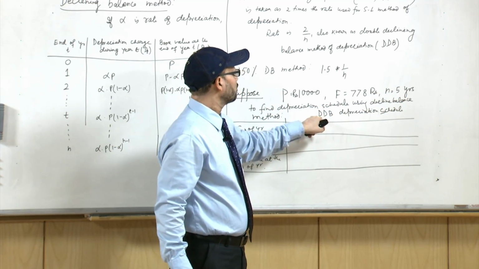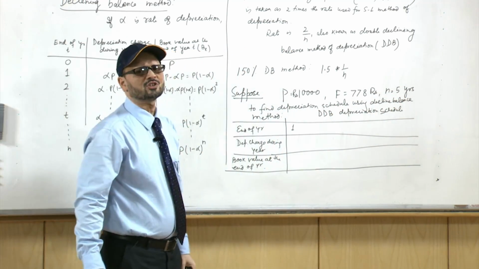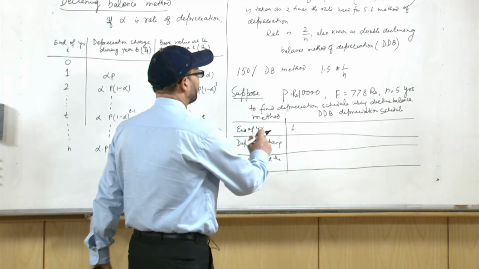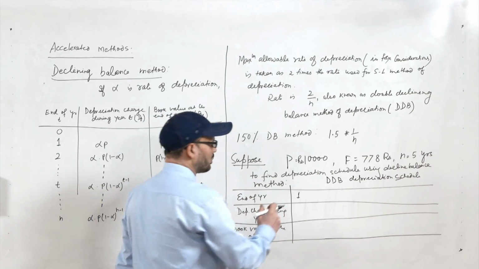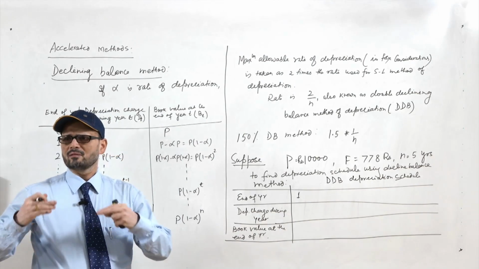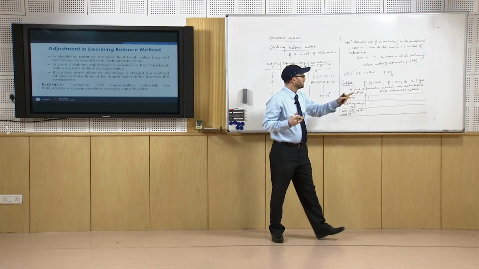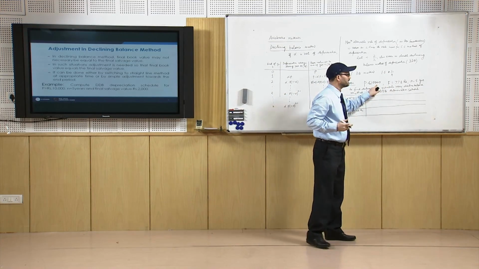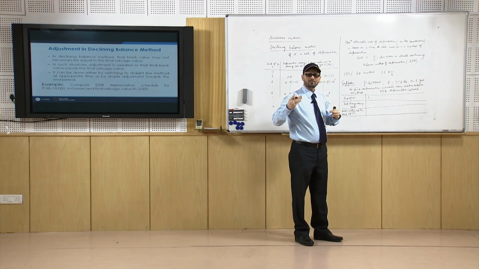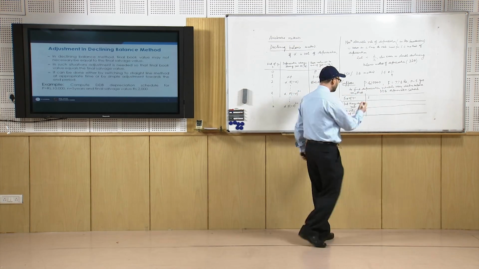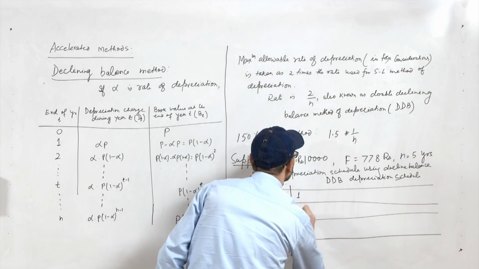So, if we follow the DDB depreciation schedule, in the first year the first cost is 10,000. So, 40% of 10,000, and that will be 4,000.